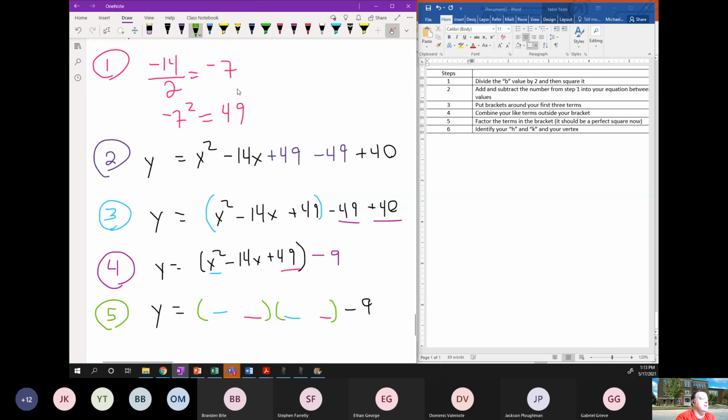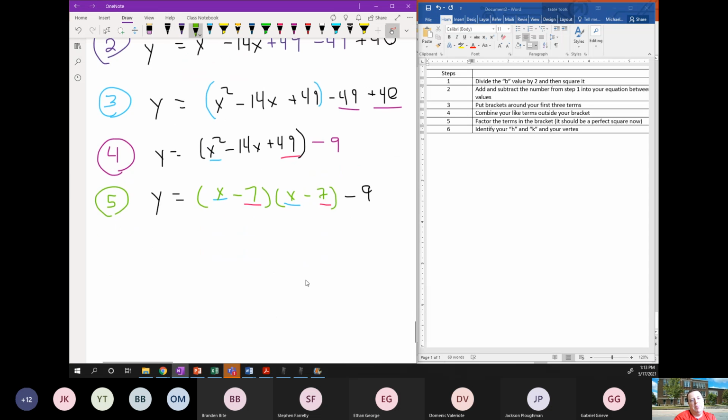Sounds great to me. X minus 7, X minus 7. Since they're the same in the bracket, we can write it like this.